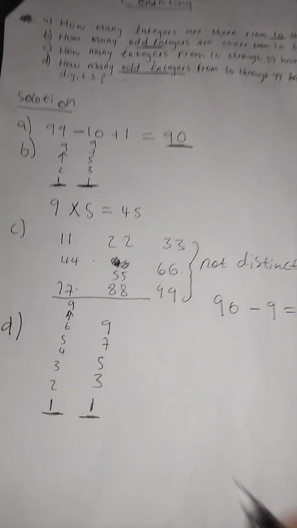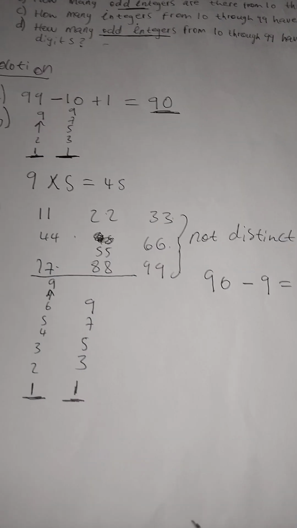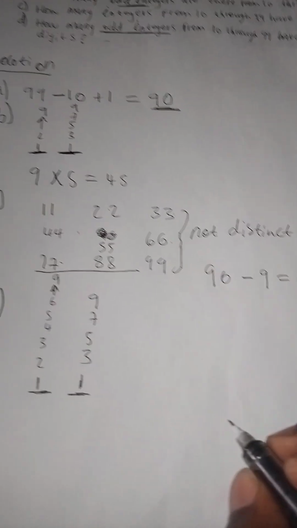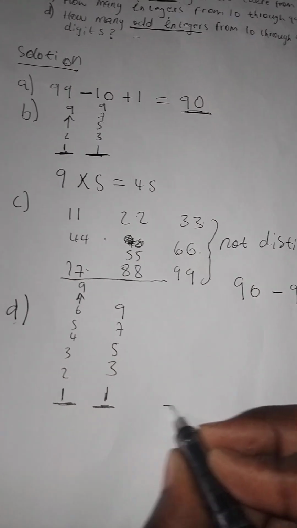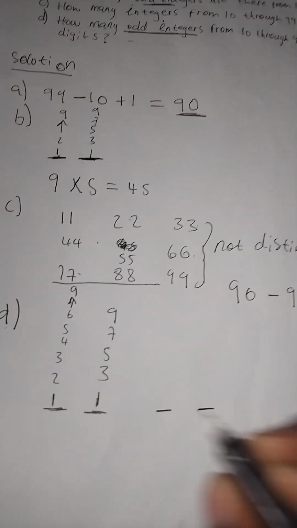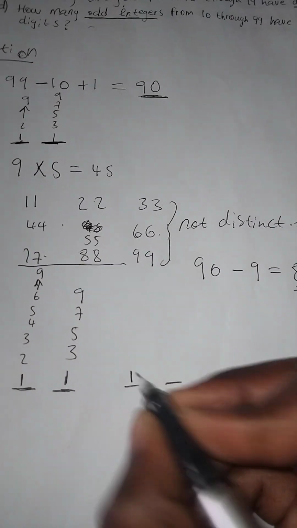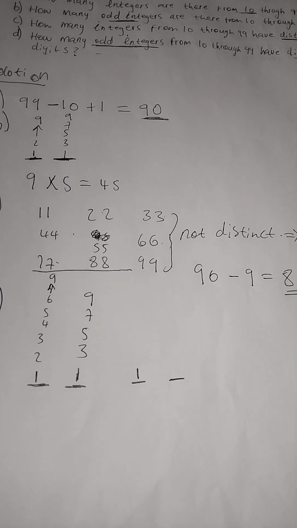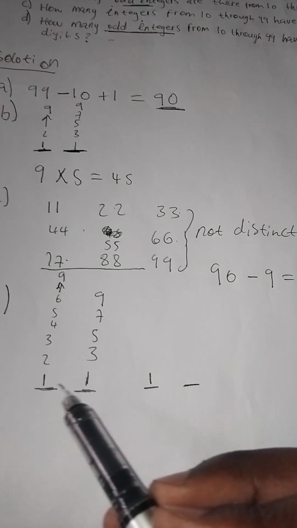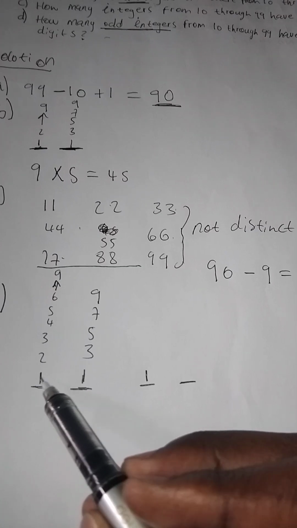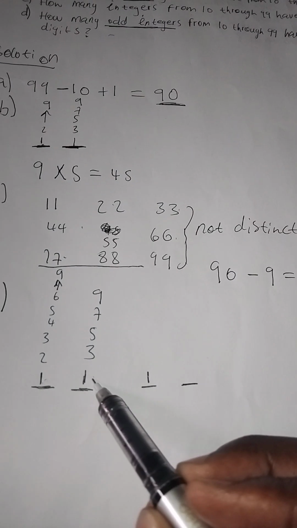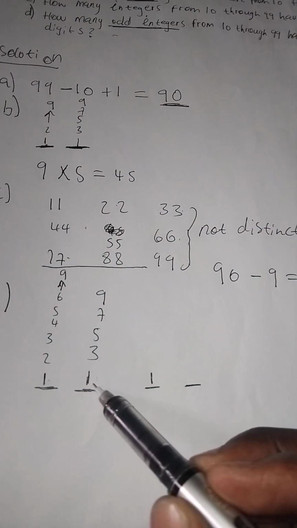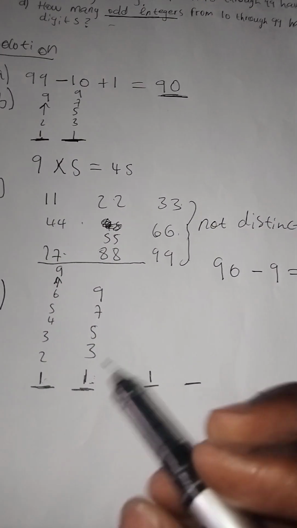Let's say I want it to start with a 1. If I want it to start with a 1, then on the second slot there is also a 1, so they have to be different.